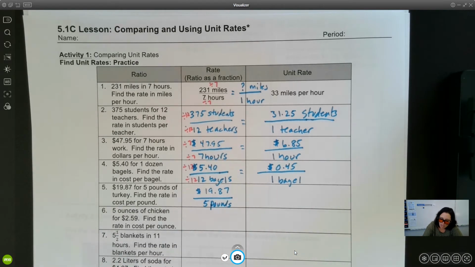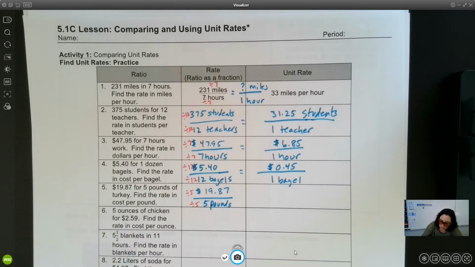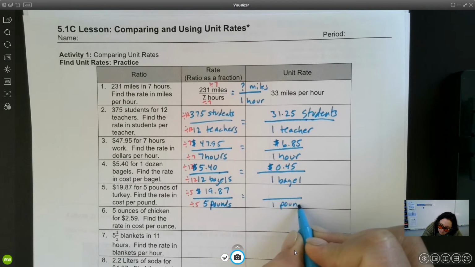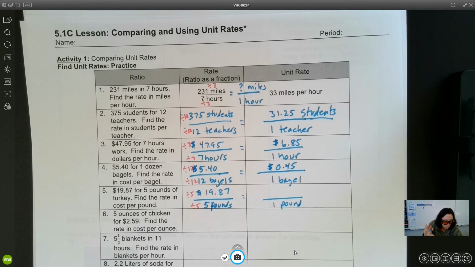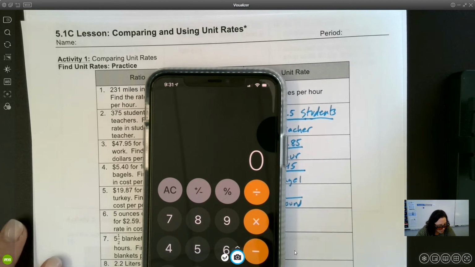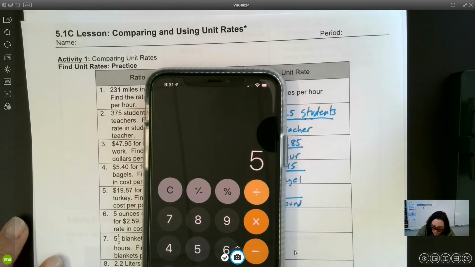If we divide by 5, it does not come out evenly. Let me get my calculator up and running. I'm going to pop in 19.87 divided by 5.